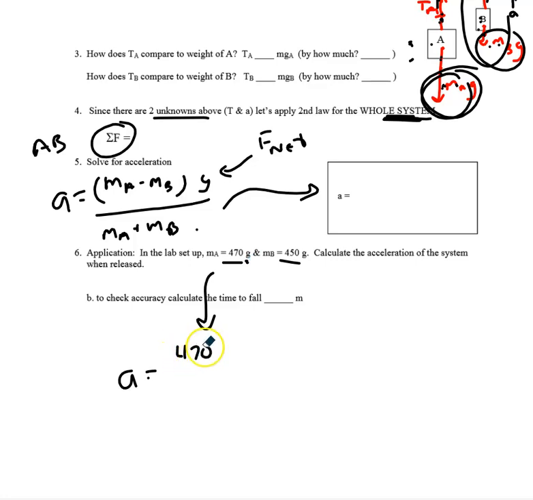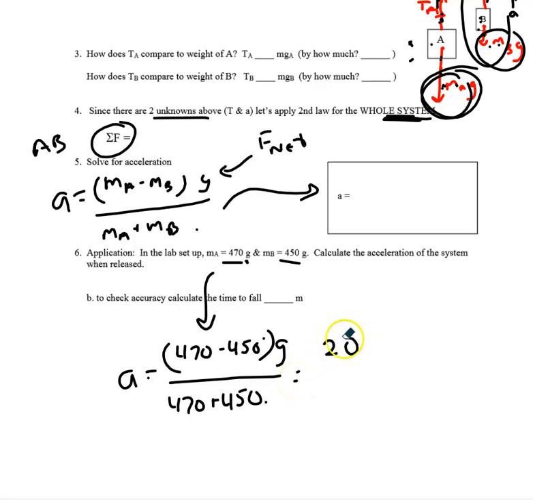I can just say 470 minus 450. There's my difference in mass times g. Okay, and then I can divide by the overall mass of the system. And again, I can do 470 plus 450. Because these are grams here and these are grams here, the units will cancel out. So I'm basically left with 20 over 920 times g.